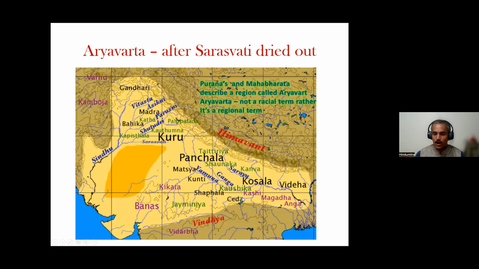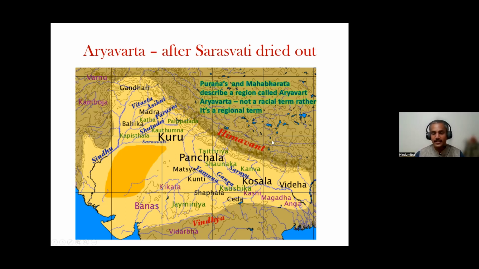And these are the common names you will be familiar with if you read any of the Puranas or the Mahabharata. The Mahabharata, which is quite recent compared to our lineage or antiquity, talks about all these places of Sapta Sindhu and the various rivers and the Kuru area, which is Kurukshetra, where the Mahabharata happened, and Panchala.